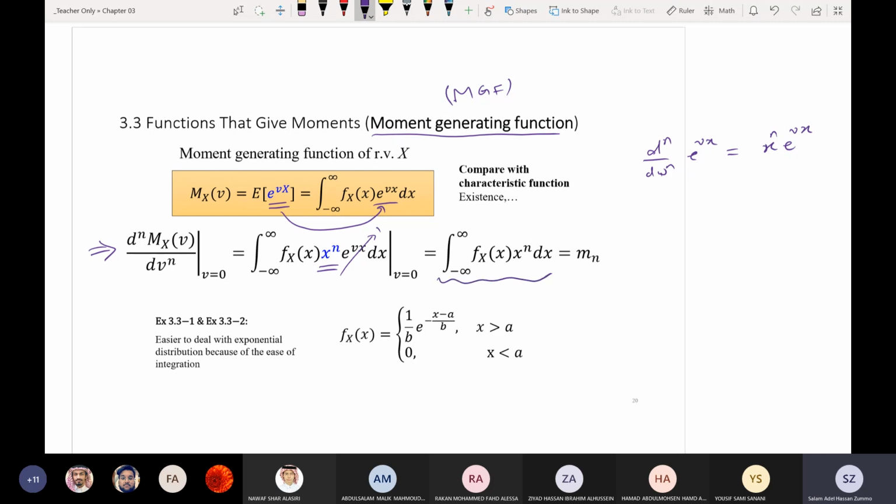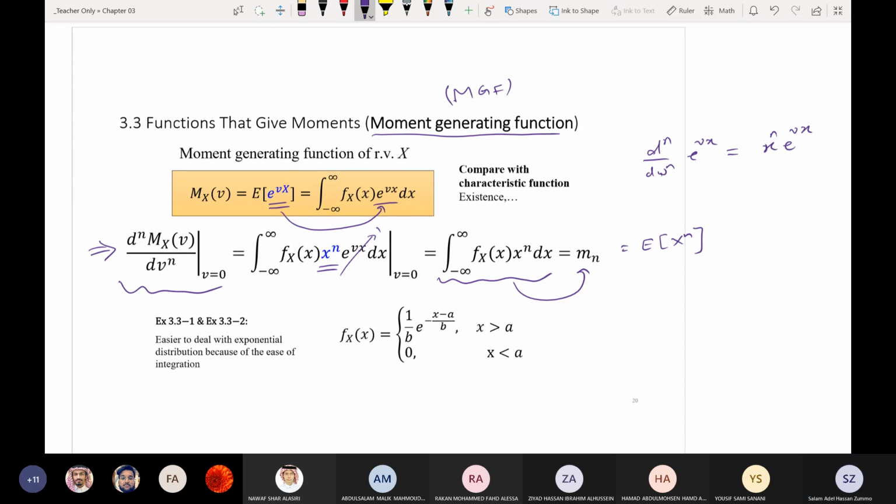The good thing about the moment generating function is that you eliminate the j and the need to divide by j and minus j and so on. And this, by definition, is the expected value of x to the power n. Hence, the nth moment equals the nth derivative of the Laplace transform of the PDF, or the MGF, the moment generating function of the random variable, with v set to 0.